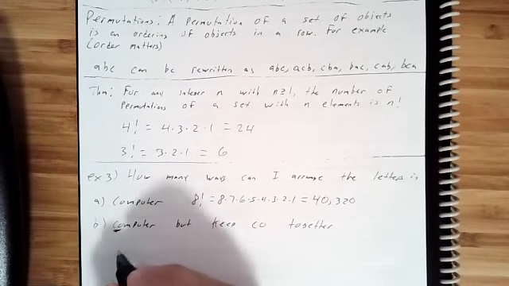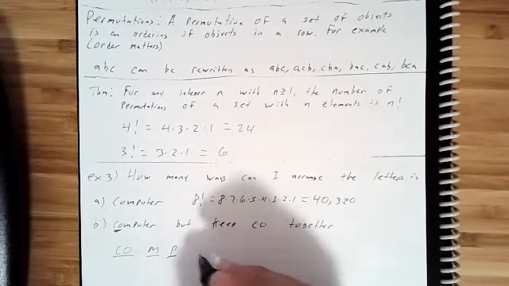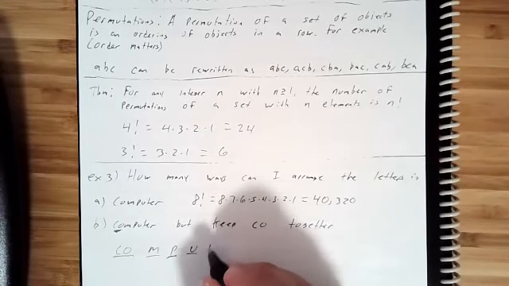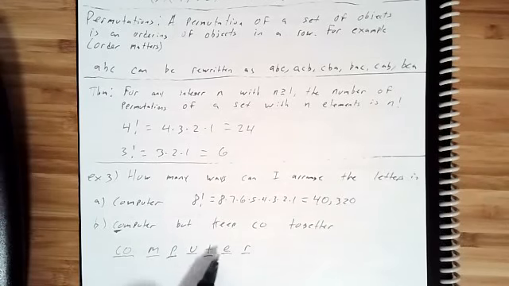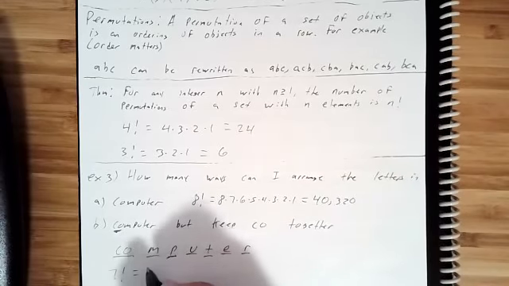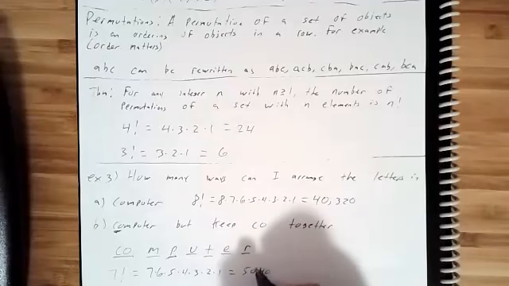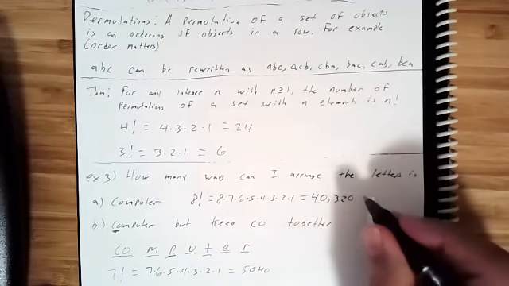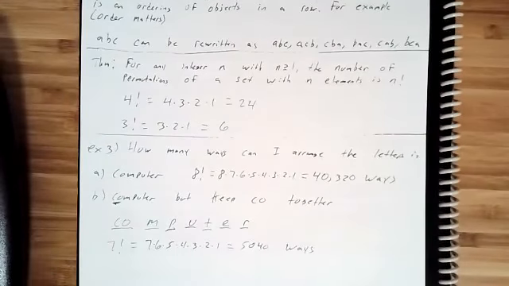Picture it like this: CO M P U T E R, so 1, 2, 3, 4, 5, 6, 7. So the answer would be 7 factorial, which is about 5,040 ways.